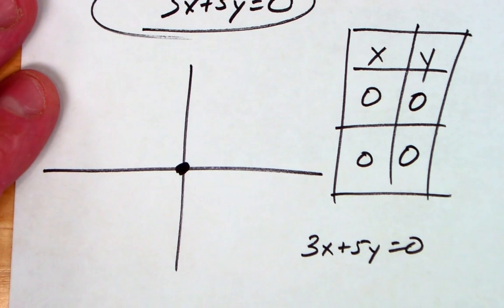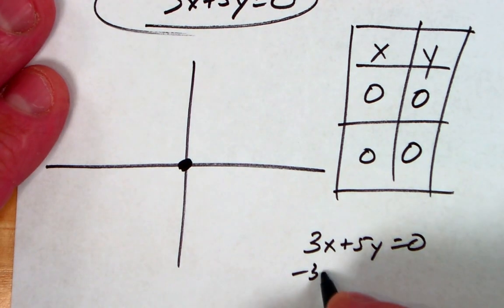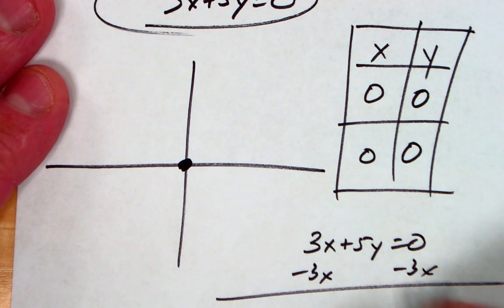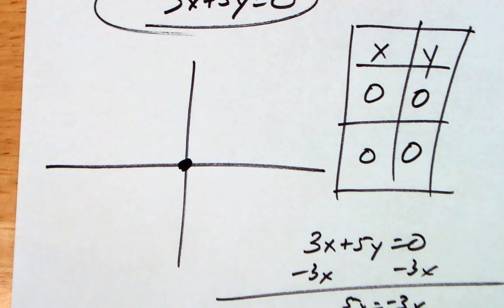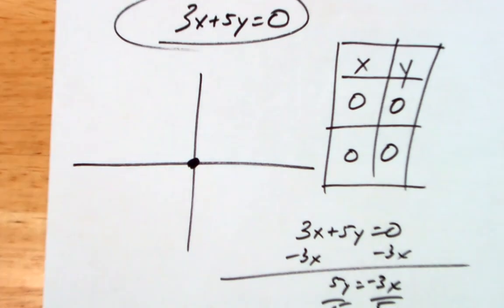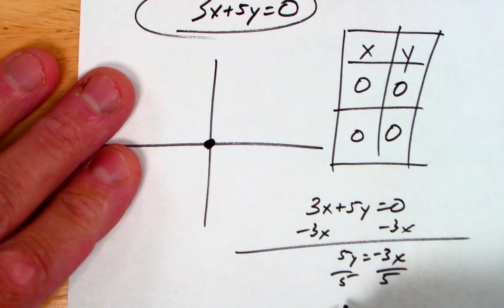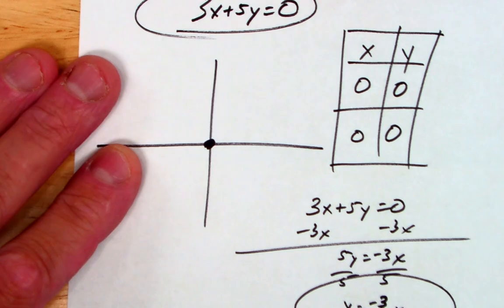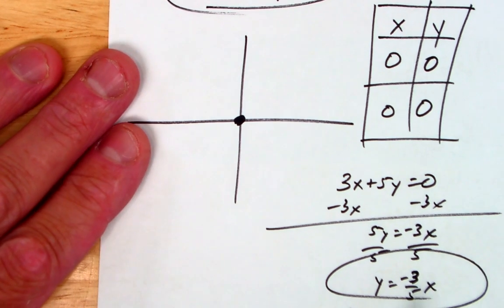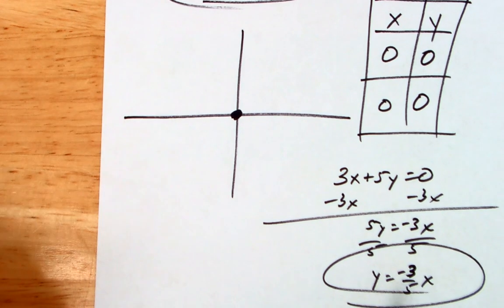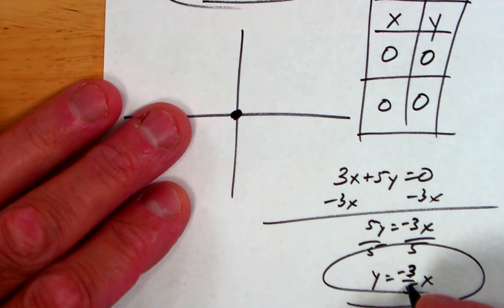If I subtract 3x from both sides, 5y equals -3x, divide by 5. So then I have y equals -3/5 x. And I'm hoping you have some recollection of what you did, hopefully in some geometry or Algebra 1.